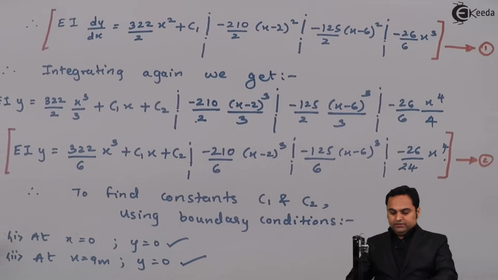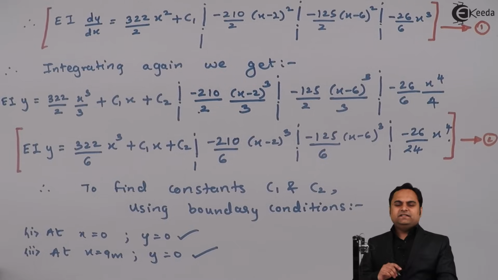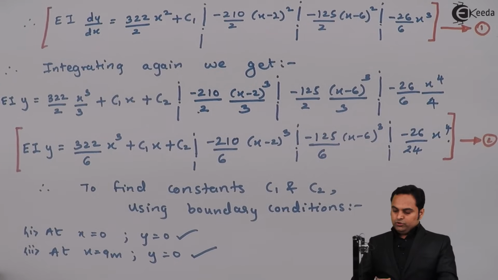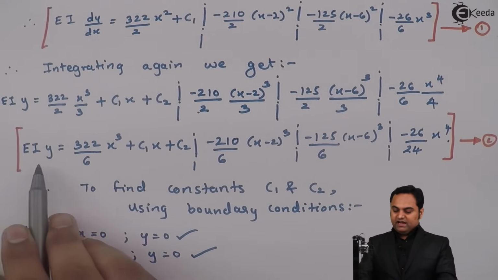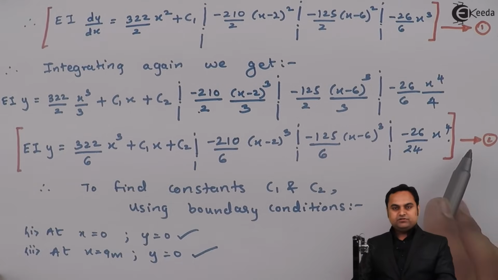So now, once we have found out the maximum slope, the next thing is we need to find out the deflection, and that is at the center, which is given in the problem. So in equation 2 we have deflection, which is y, but only thing is we have to put C1 C2 values in equation number 2.